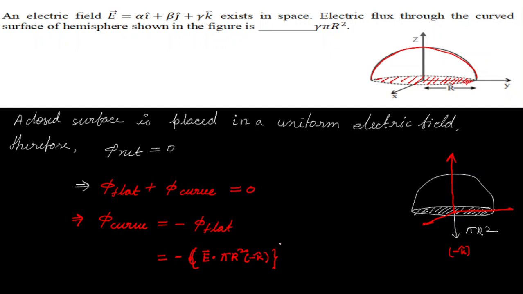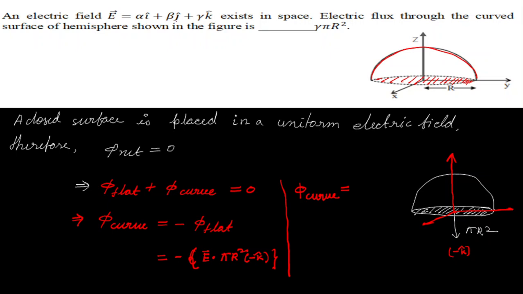From here, when you take the dot product, you will get the flux through the surface. So what will be the flux? When you take the dot product of the electric field and this area vector, what will we get?